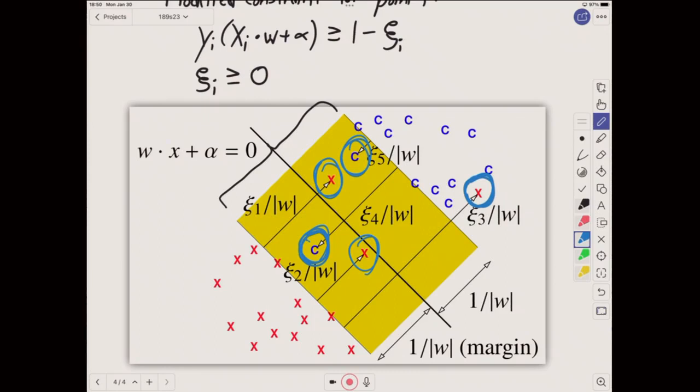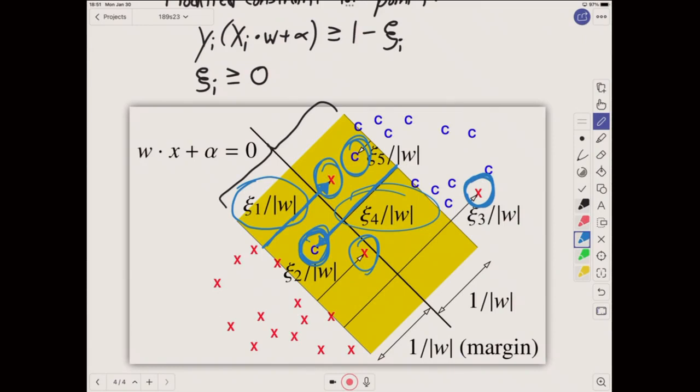Specifically, you'll notice that I have tagged this little arrow here that shows how far the X penetrates into the slab with a distance of xi1 over the length of W. So that's the actual length of that arrow there. And likewise for this class C training point here, it violates the margin by xi4 over the length of W. So what the slack variables tell you is how far a point violates the margin.